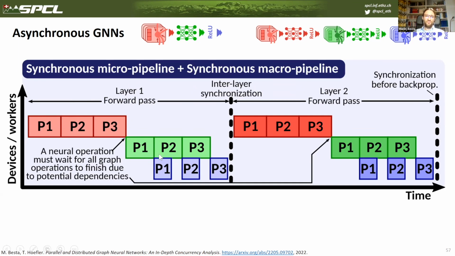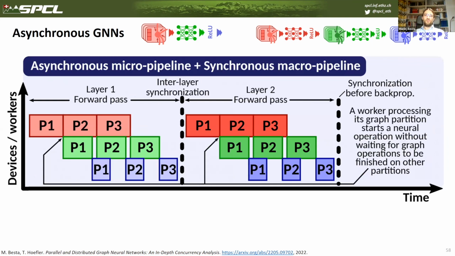Then nonlinearity has to wait for finishing the neural execution assigned to P1, to partition 1 and worker 2. Right? Once we finish layer 1, we really have to wait until the whole computation of layer 1 is finished before we can start processing layer 2. Right? So this is full synchronous execution in both micro and macro pipeline.